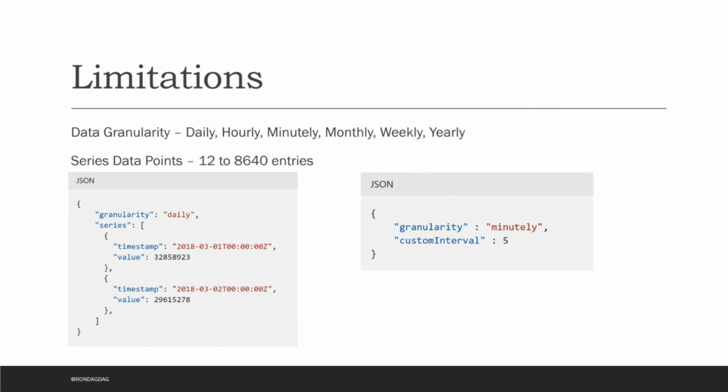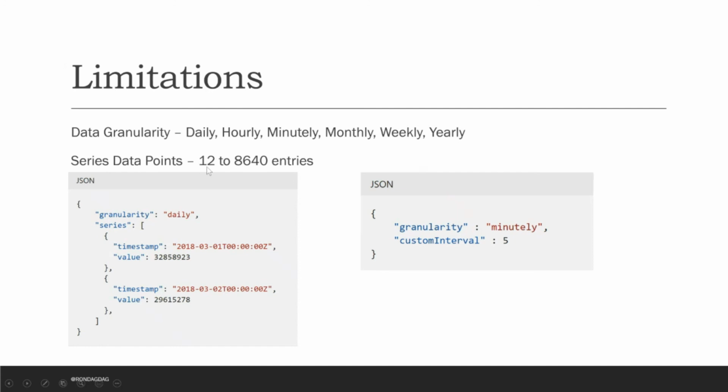There are a few limitations when you call Anomaly Detector. Based on your data set, you have to specify whether it is daily, hourly, minutely, monthly, weekly, or yearly. Those are the only granularities the data set can have.